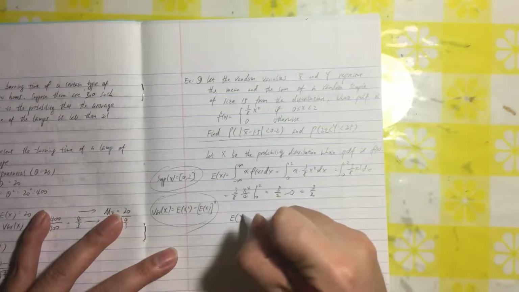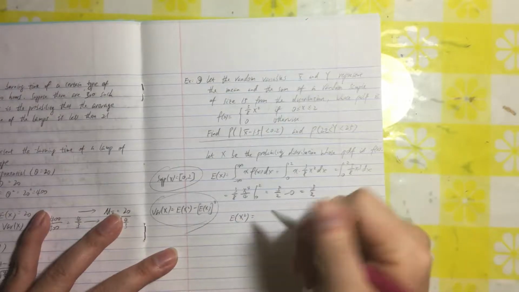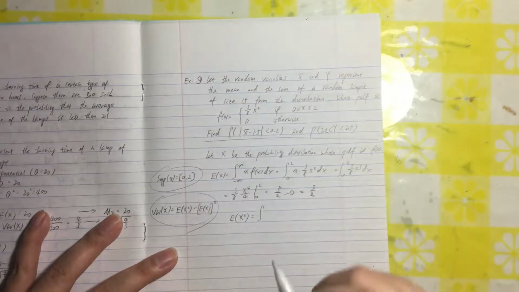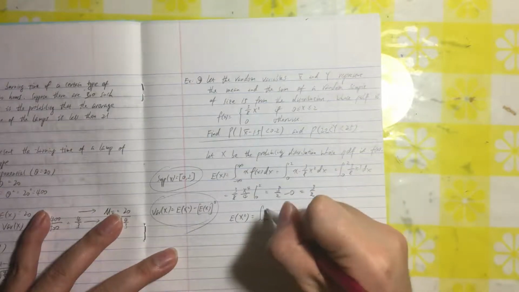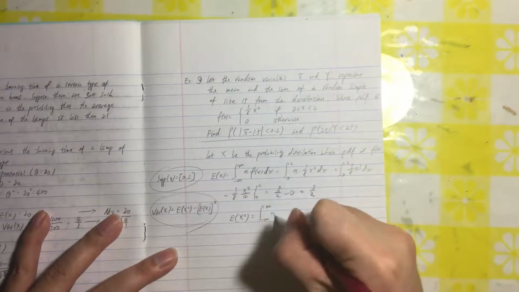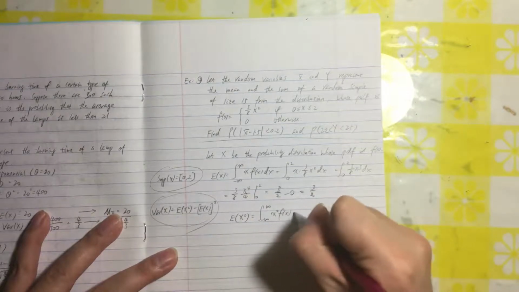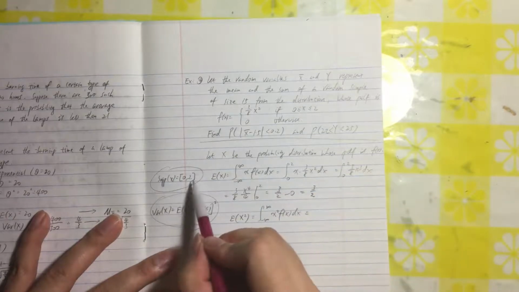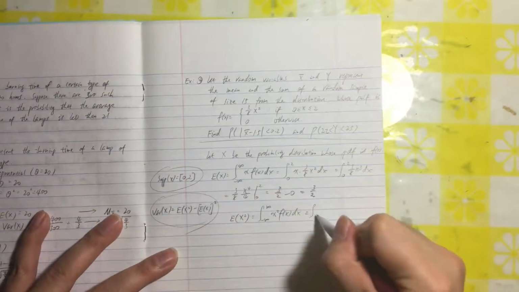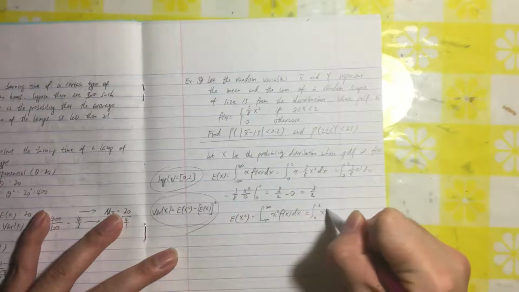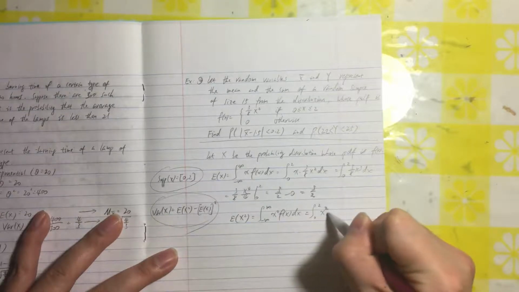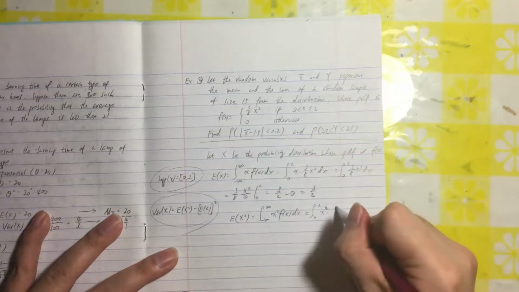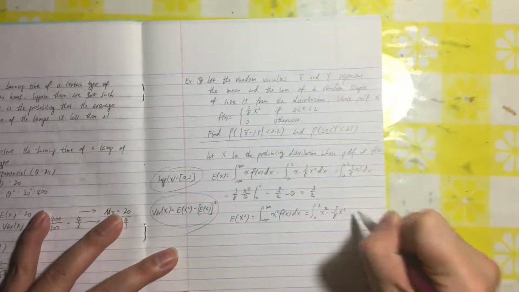Since X is a continuous random variable, we take the integral from negative infinity to infinity of x squared times f of x dx. We know that the support of X is from 0 to 2, so take the integral from 0 to 2 of x squared times f of x. f of x in the support is 3 over 8 times x squared dx.